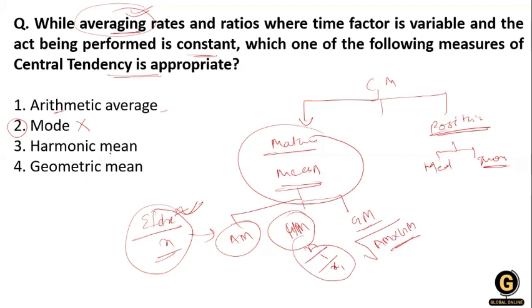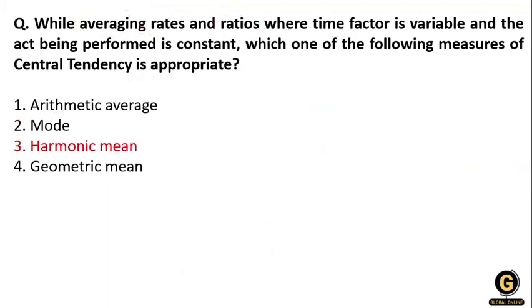But in the harmonic mean, you can see there are rates and a ratio between the reciprocals of the data, and the time factor is also included. So that's why option number 3, the harmonic mean, is the right answer. Clear? So the harmonic mean is the right answer over here.